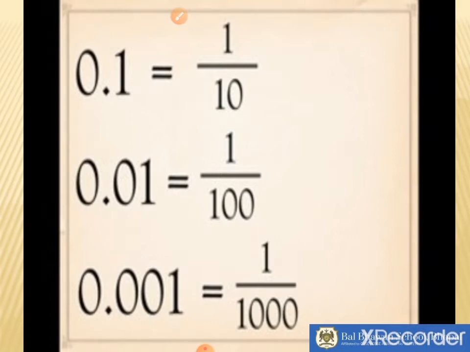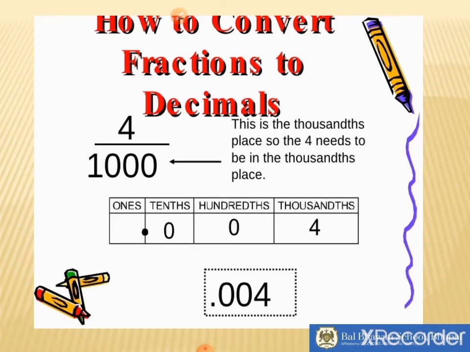And finally, we have 0.001, which is representing 1 on the 1000th place, which can be represented by 1 upon 1000. Using this information, let us learn how to convert fractions to decimals.